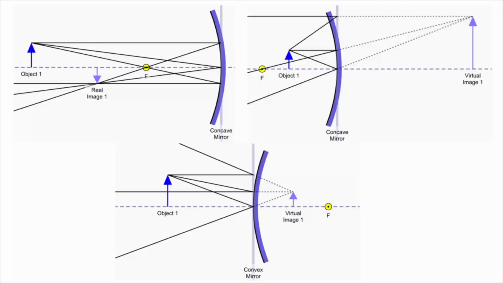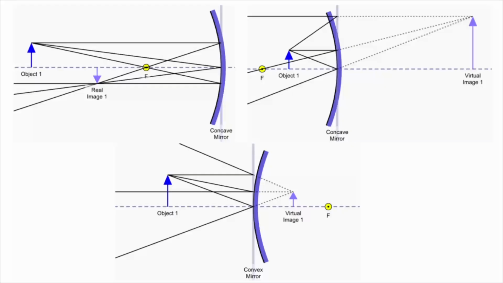But basically there were 2 regimes, weren't there? When the object was outside the focal point, I got this kind of image, didn't I? Notice magnified or reduced depended on where it was. So you really can't assume that it's always going to be reduced. I showed you that in the simulation.